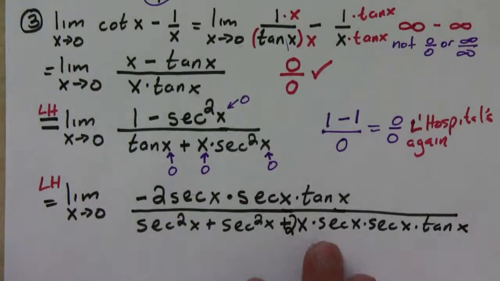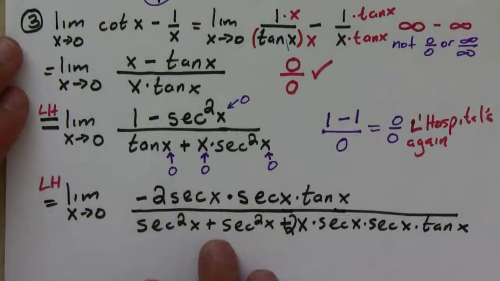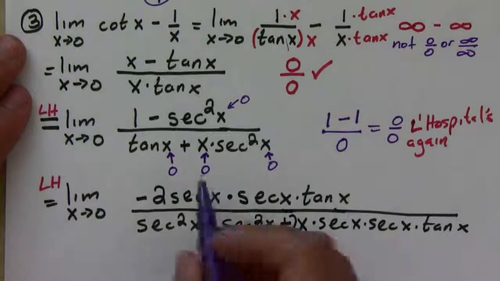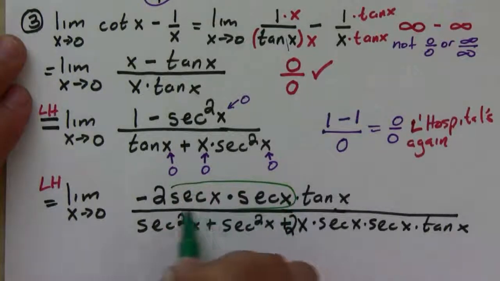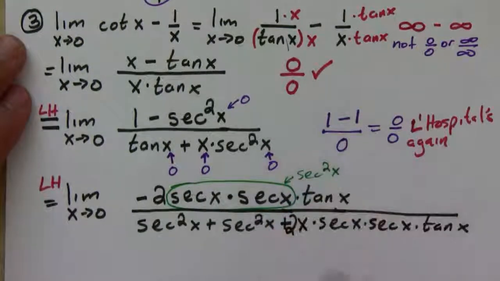Okay, so this looks really, really ugly, but notice, before we even try plugging stuff in, that there are these two secants, and if you multiply them together, this is secant squared x. And then here, this is also a secant squared x.